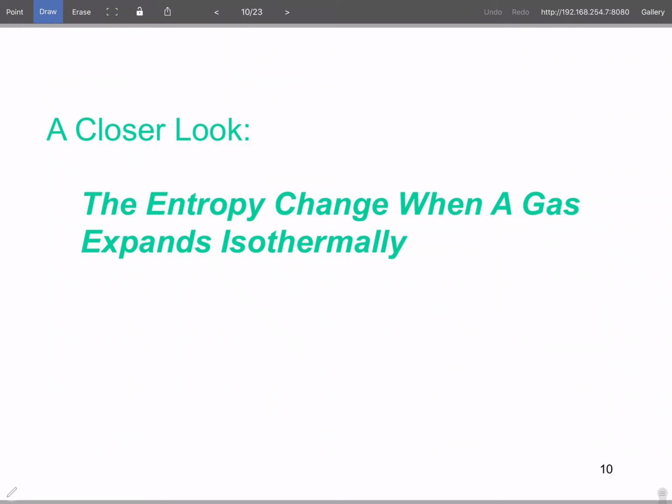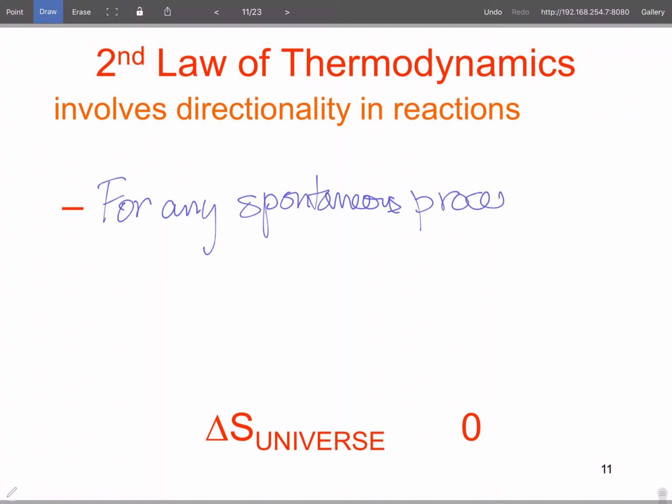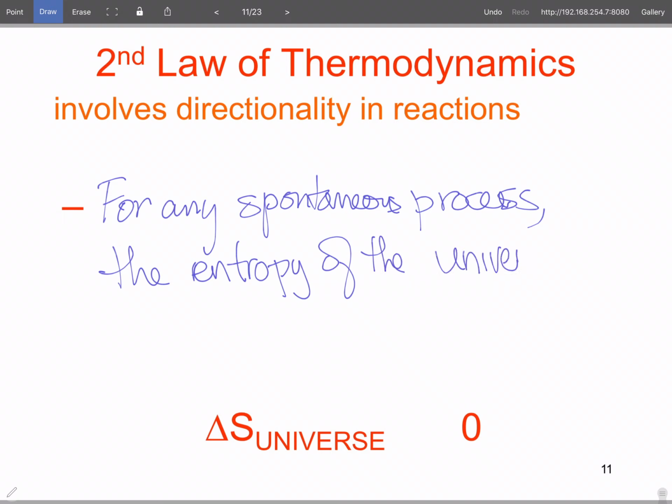So, a closer look: the entropy change when a gas expands isothermally. And then that brings us to the second law of thermodynamics, which involves directionality. So what it says is, for any spontaneous process, the entropy, delta S, of the universe must increase.